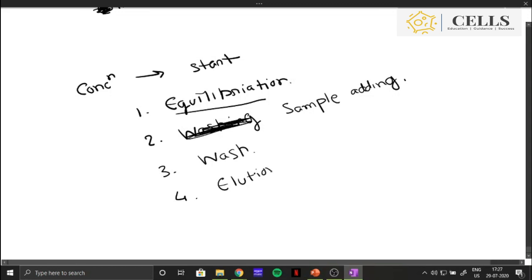Here you don't have to use any imidazole or any NaCl-rich elution buffer. You just use normal buffer for elution.